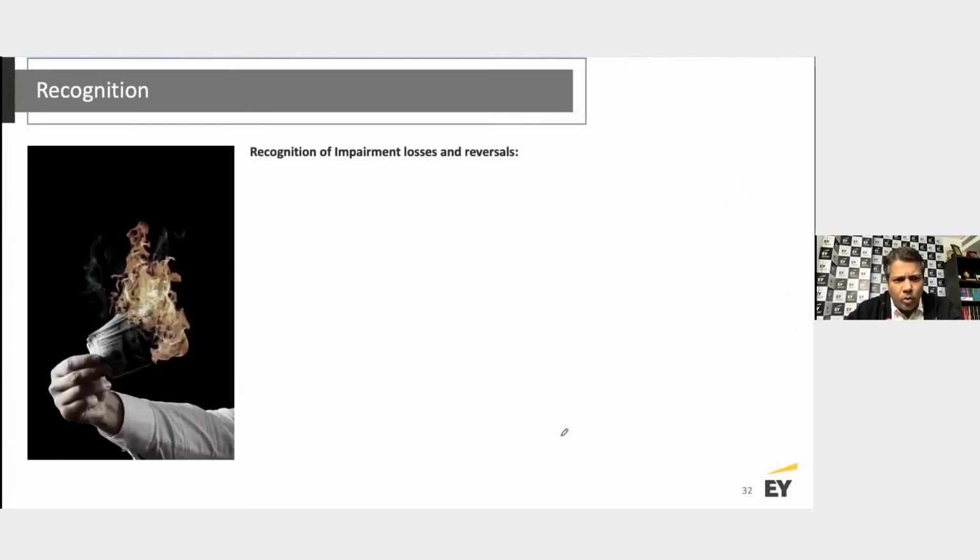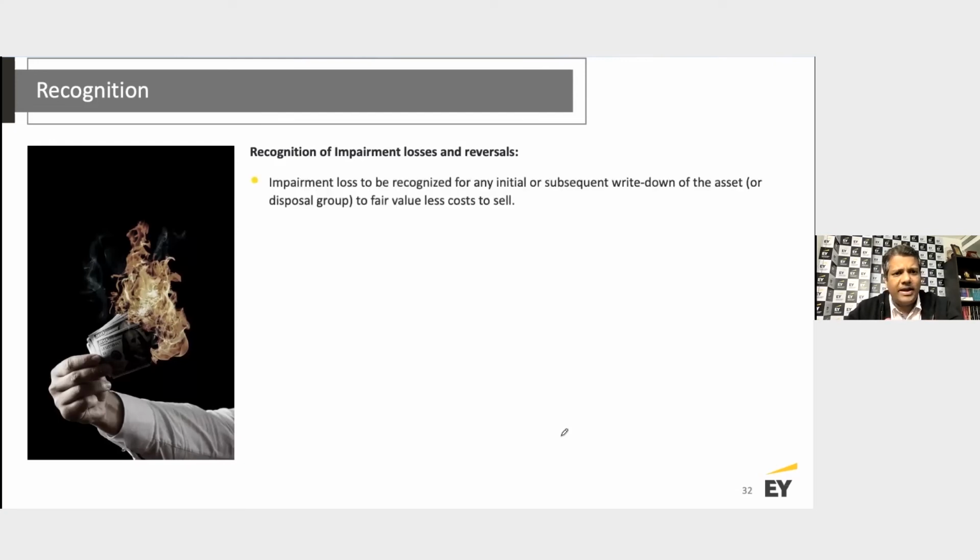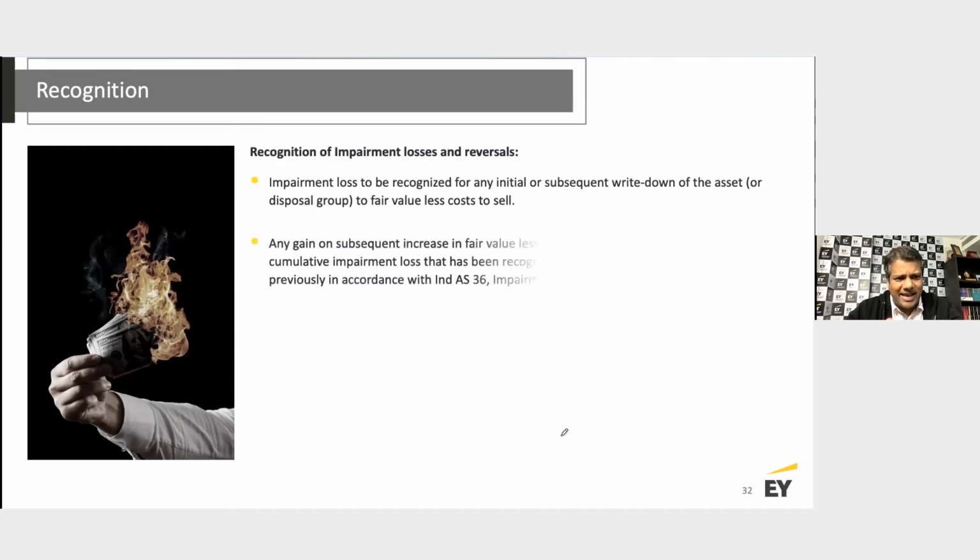All right. So let's try and understand some more around the recognition of impairment losses and then their reversals, right? How all of that will play out. Now, we talked about impairment loss to be recognized for any initial or subsequent write down of the asset to fair value less cost to sell.